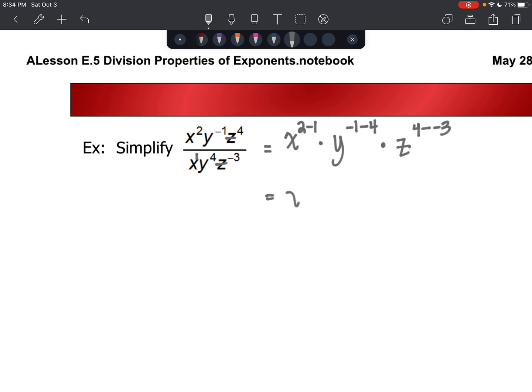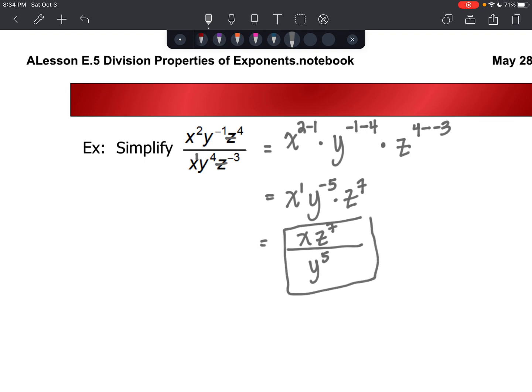Well, 2 minus 1 is 1. Negative 1 minus 4 is negative 5. And 4 minus a negative 3 is positive 7. We need to write with positive exponents only, so x, z to the 7th stays in the numerator, and y to the 5th is what is in the denominator.